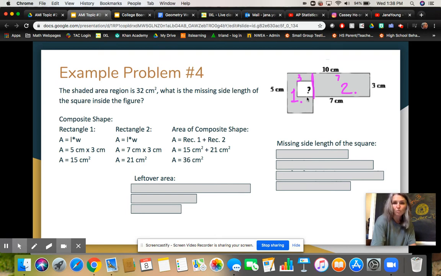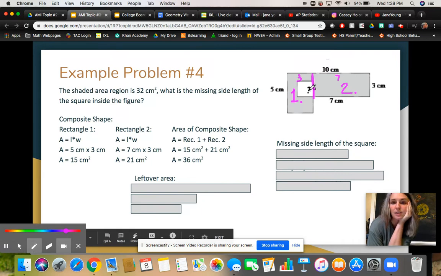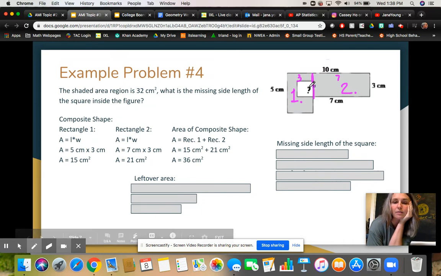So when I'm looking for this, I wonder if I can't just say, okay, well, I know what the area of a square is, right? The area of a square is side times side, or x times x.